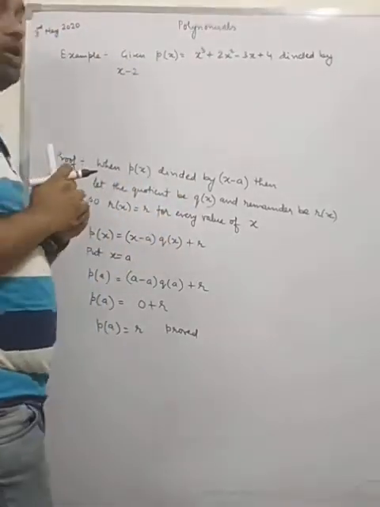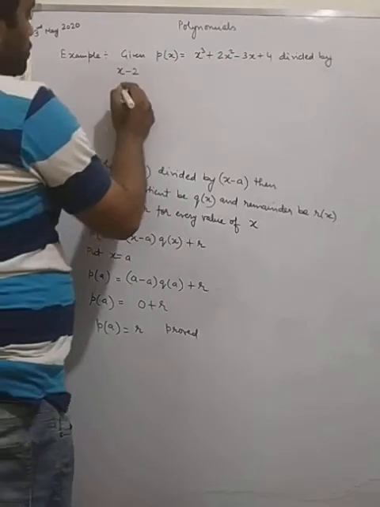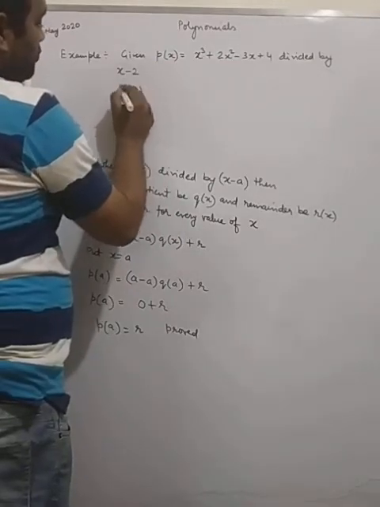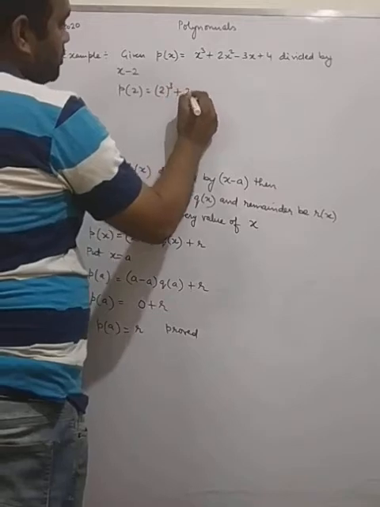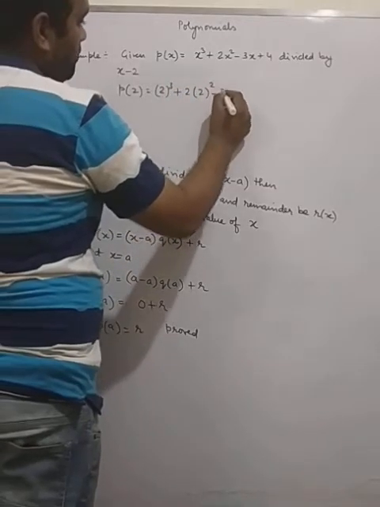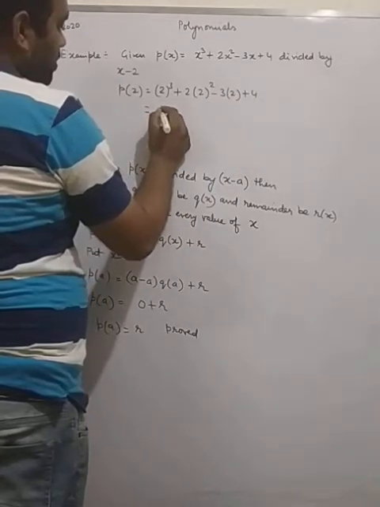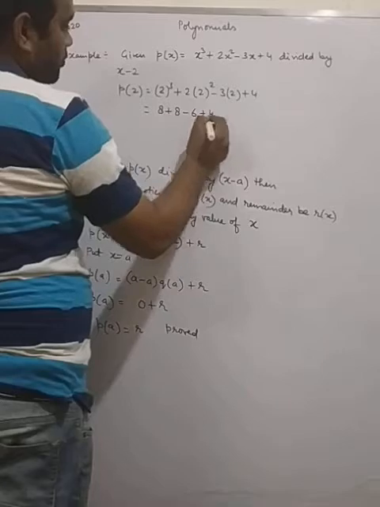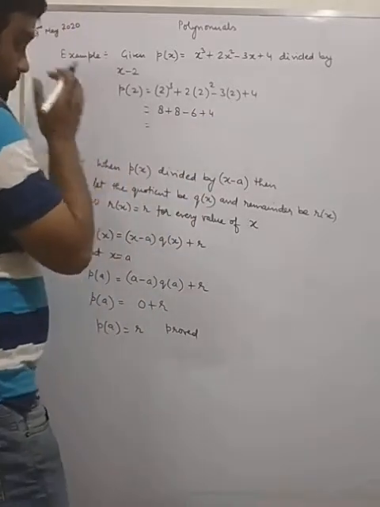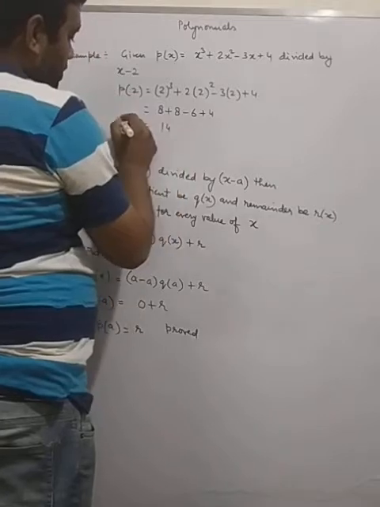We just simply find the value of this polynomial at x equal to 2. So p(2) is equal to 2 cube plus 2 square minus 3 into 2 plus 4. This gives 8 plus 8 minus 6 plus 4, which is 14.